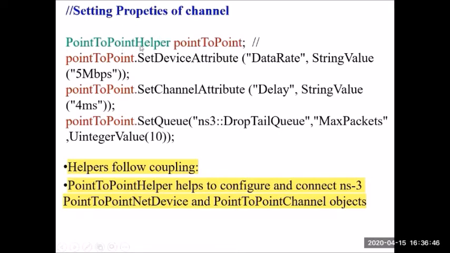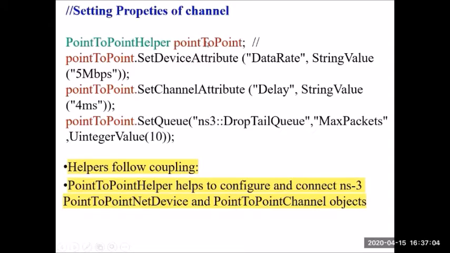What is written in green here is a class, and what I've written in red is the name I have given. You can give any simple name, say P2P. It's the name of the object. You have created an object P2P of class PointToPointHelper.